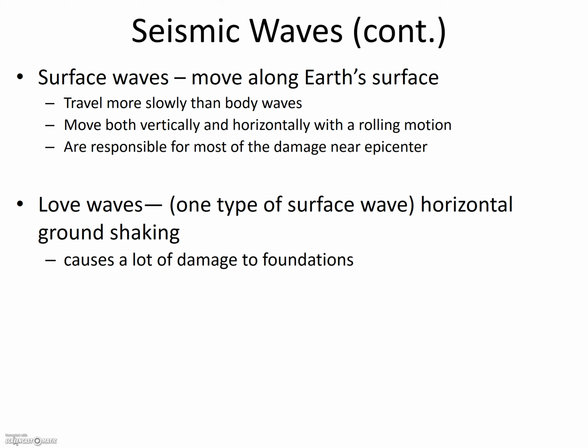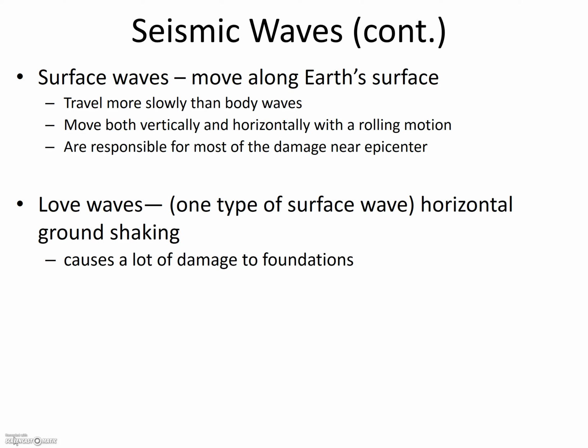They travel more slowly than body waves, move both vertically and horizontally with a rolling motion, and are responsible for most of the damage near the epicenter. Love waves, one type of surface wave, are a horizontal ground shaking which causes a lot of damage to foundations.